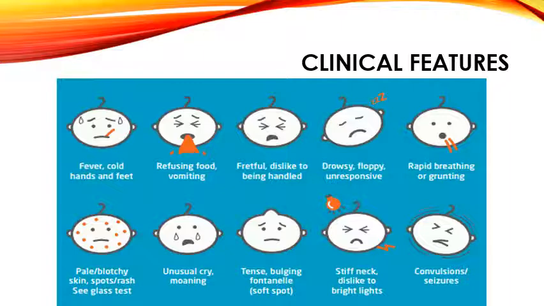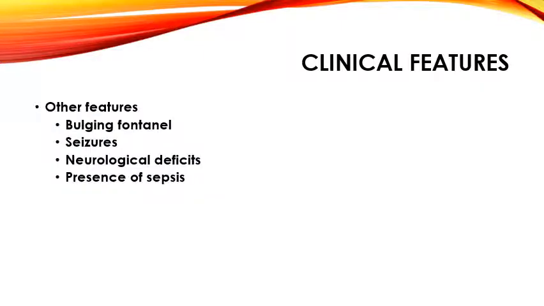Well, a very small child cannot complain of photophobia, but he'll show dislike to bright objects or bright lights. Convulsions and seizures can be seen in younger infants. Other features which we can see are bulging fontanelle, seizures. Neurological deficits can occur. It can be motor deficit as well as cranial nerve deficits.